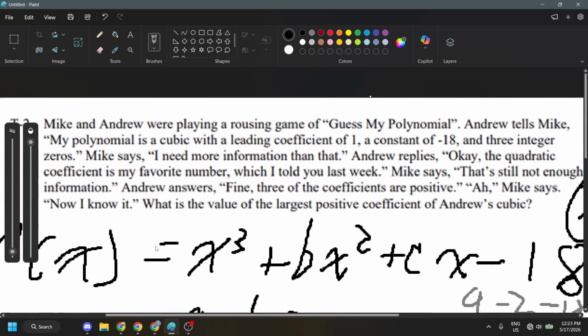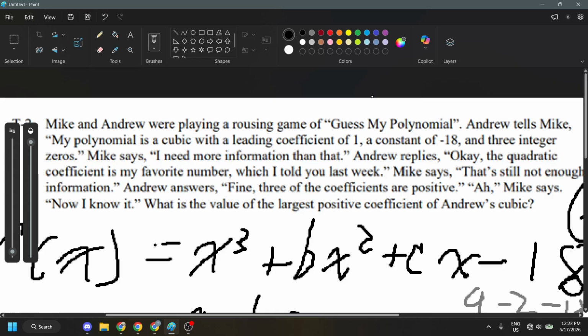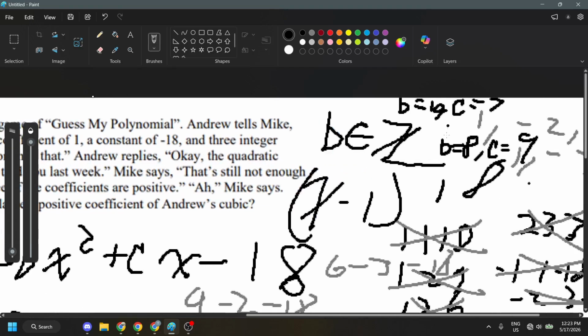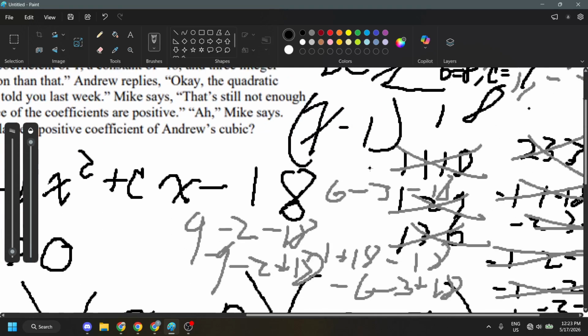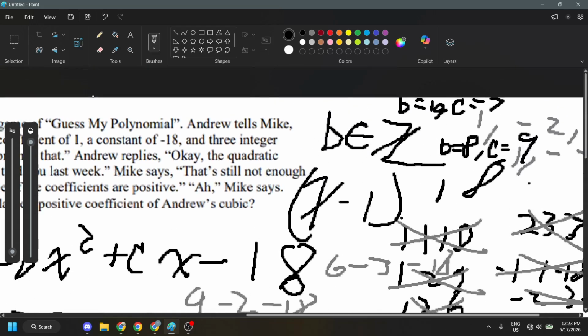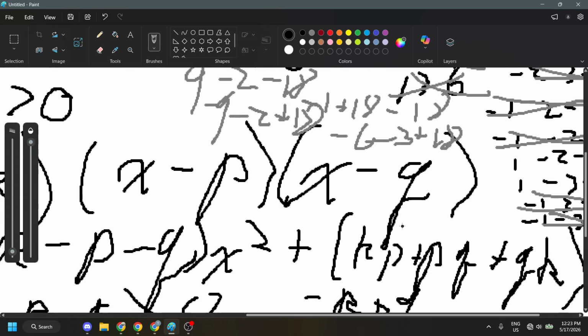So I'm thinking we only know once we know that 3 of the coefficients are positive. So in which one of these can C be negative given B? Let's look. C is this. So given B, can we find a C that is negative? Given B is 8 or 10, we find a C that is negative.